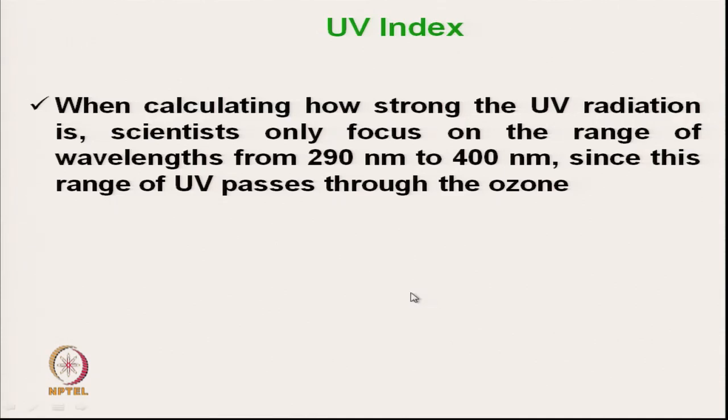So, what the UV index is we have discussed. Now, let's see how to calculate the UV index in a particular place. When calculating how strong the UV radiation is, scientists only focus on the range of wavelengths between 290 to 400 nanometers, that is, typically the UV A and UV B range, since this range of UV passes through the ozone.